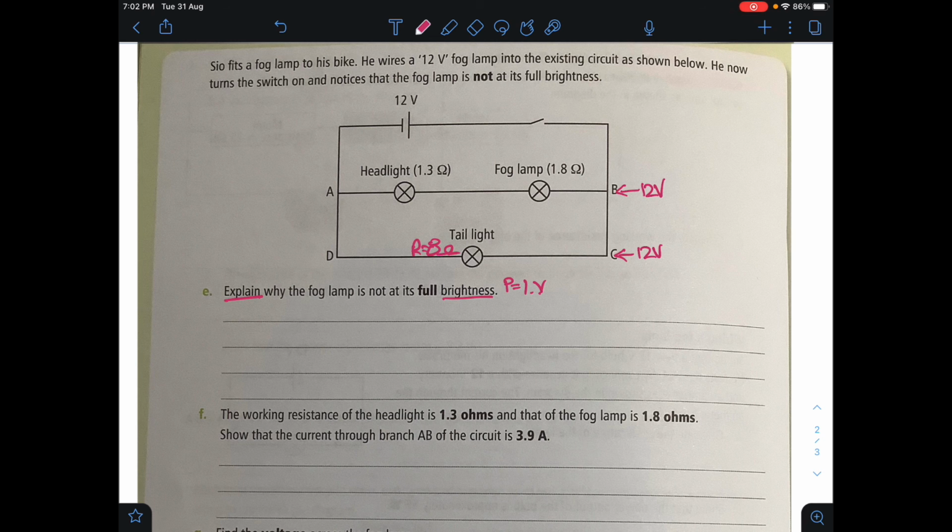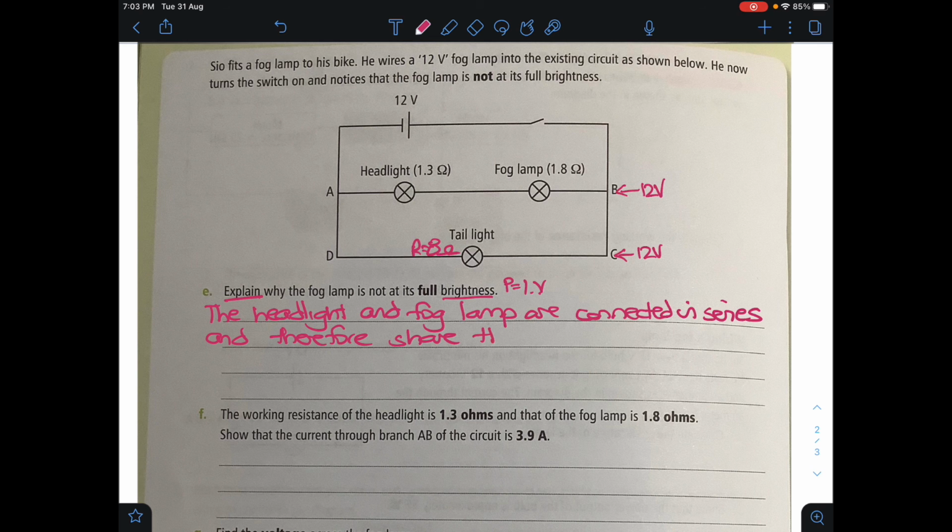So what are we going to say? The first thing I'm going to say is the headlight and fog lamp are connected in series, and therefore share the 12 volts of energy dissipated.